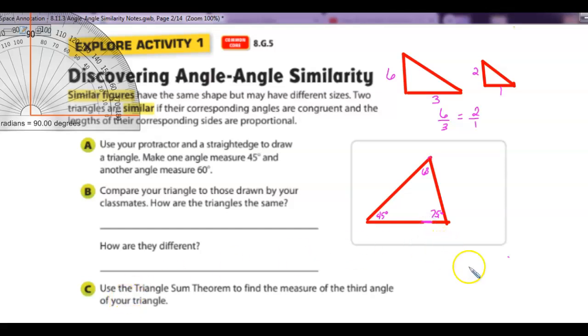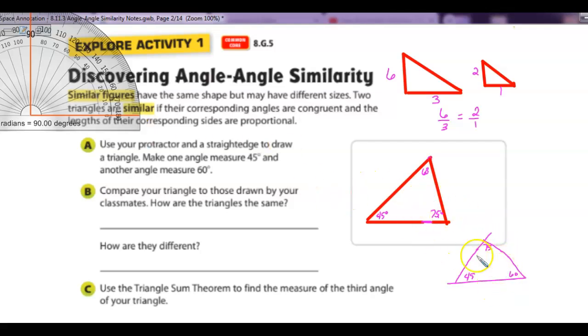How they may be different is, what if I decided that I was going to draw it where I had a 45 here and a 60 here, then this would have been my 75. It doesn't matter how I have them as long as they have the same measure. They may not look exactly the same, but these are exactly the same.